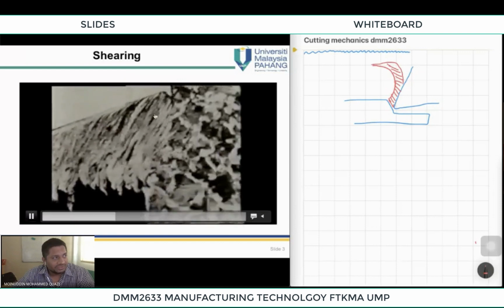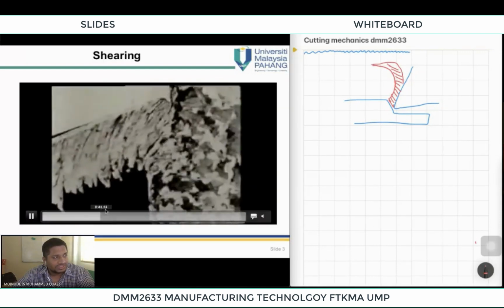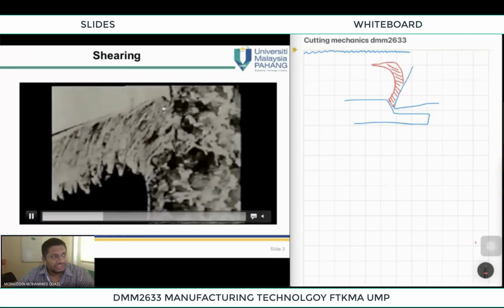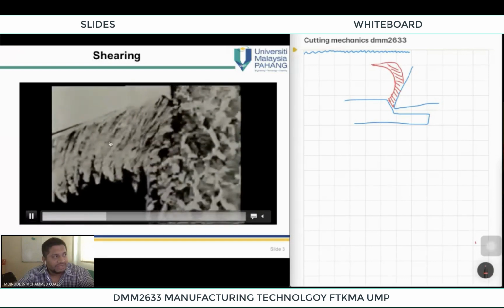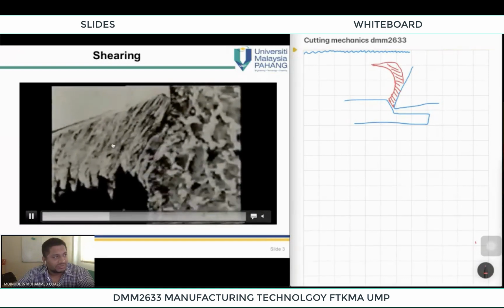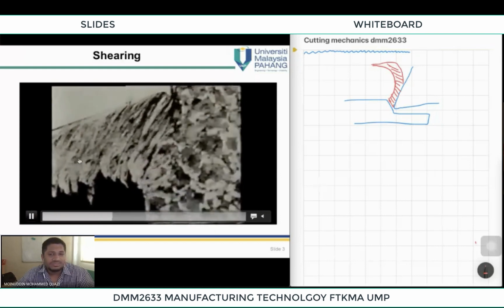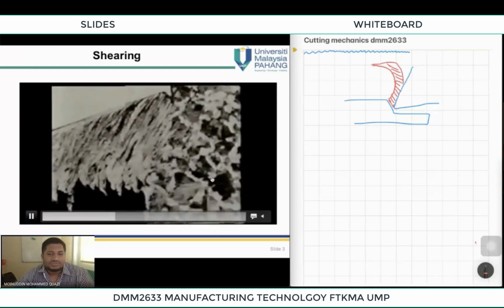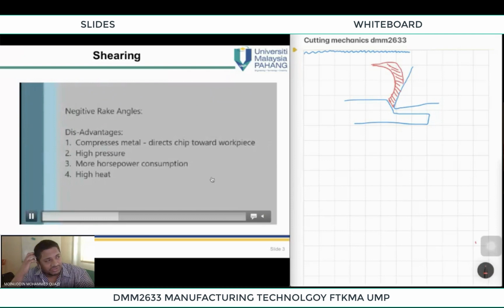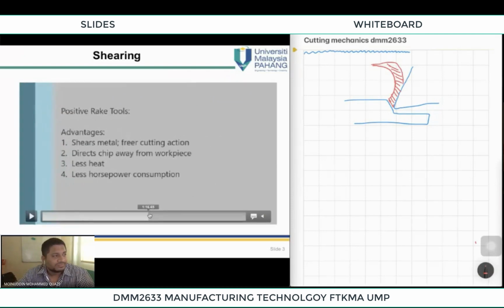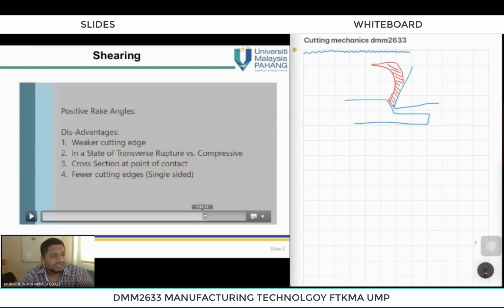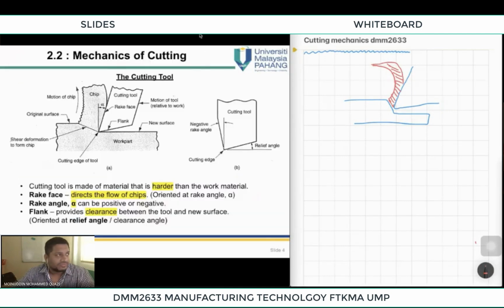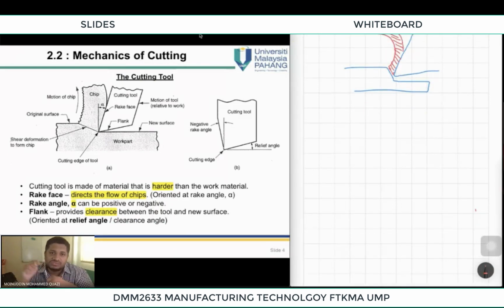This chip is produced with shear angles. You can see shear angles or shear planes are produced. Okay, parallel shear planes. You can see 1 plane, 2 plane, 3 plane, 4 plane, something like that. This is the workpiece. So if you look in a microscope, this is how it looks. So later on, you can go through this video. So this was all about visualizing how the chip is produced and how shear planes are produced.